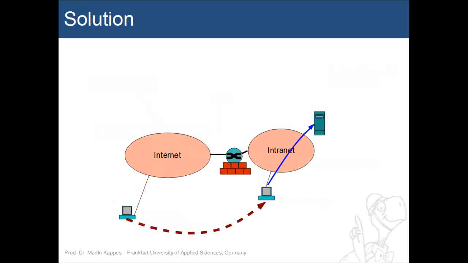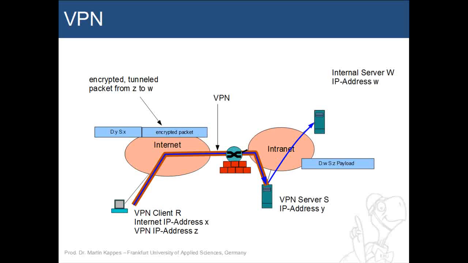We have a machine that actually resides in the internet, but by the use of a virtual private network, this machine virtually moves into the intranet, and then once it's virtually part of the intranet, it can access resources in the intranet just fine, as if it actually is in the intranet. So how can this be done technically? The answer is encryption and tunneling.